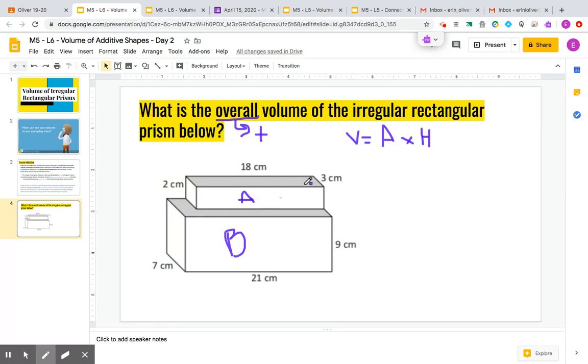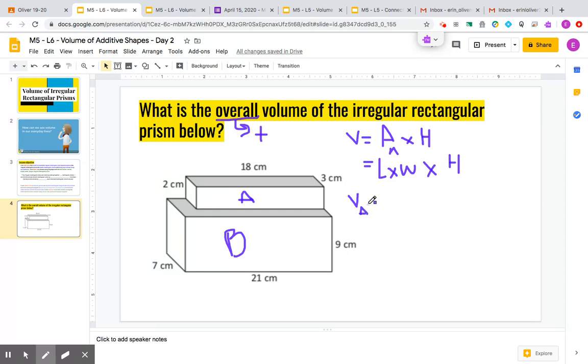I could find that, though, by multiplying length times width and then multiplying by height. Since I have the length and the width, but not the area given to me right away, I'm going to use the second equation. So let's fill in our pieces.